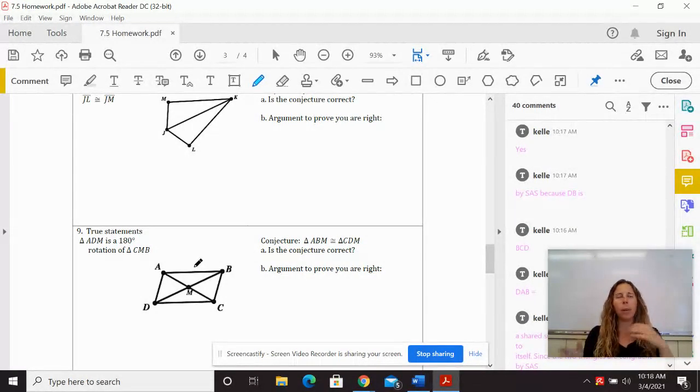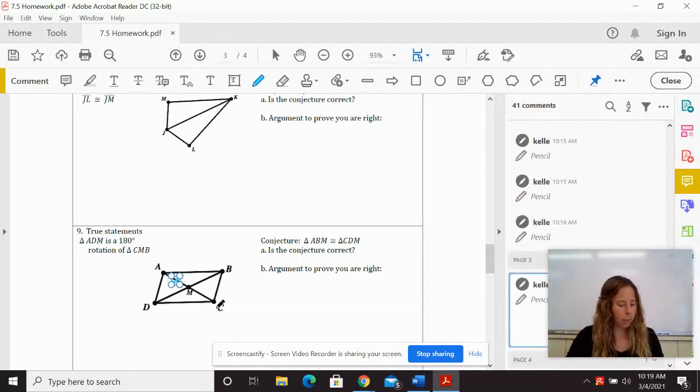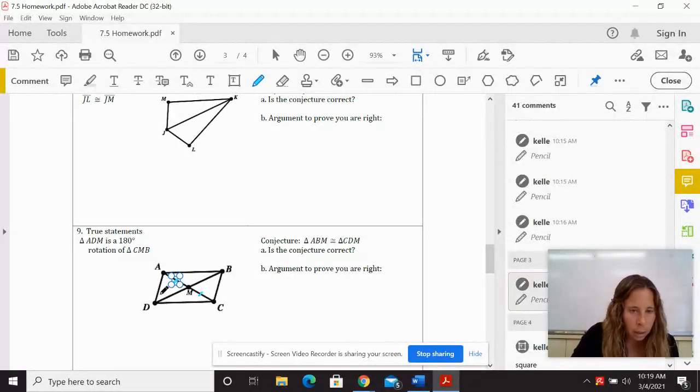We did that earlier this chapter. They don't change shape. So if ADM is a 180-degree rotation of CMB, then AM is going to be equal to CM. And then put 2 lines on this one. 1, 2, 1, 2.